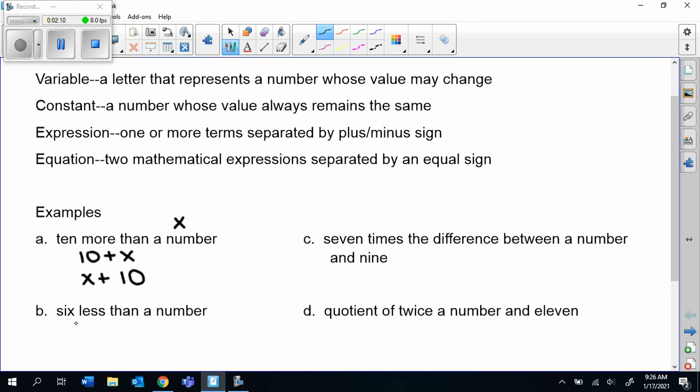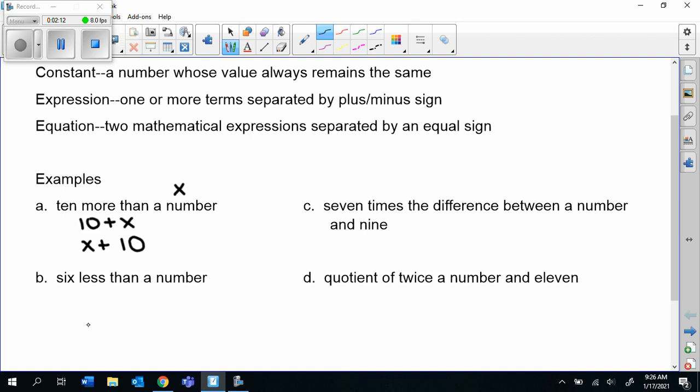All right. B, the same does not hold true for subtraction. "Less than" means subtract. This is a little bit of a trickier one because the 6 has to go in the back. If you say to someone, how much money do you have? And you say, I have 5 less than 20.